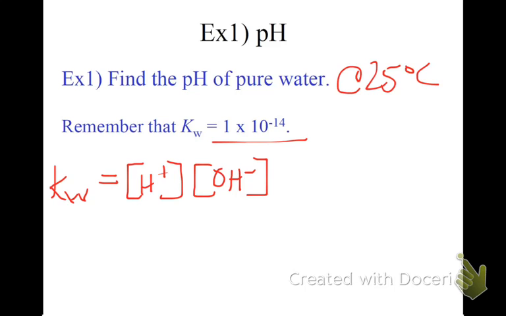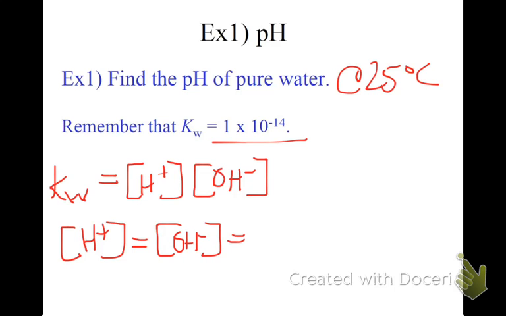Since we know that for pure water the H plus and the OH minus are going to be equal, we can say that the concentration of H plus, which is also equal to the concentration of OH minus, is going to be equal to the square root of 1 times 10 to the negative 14th.